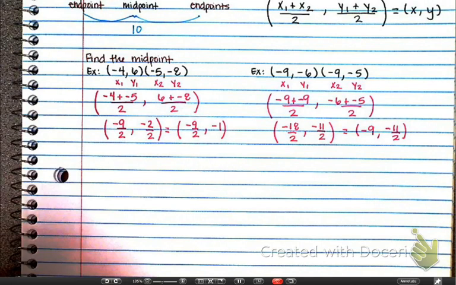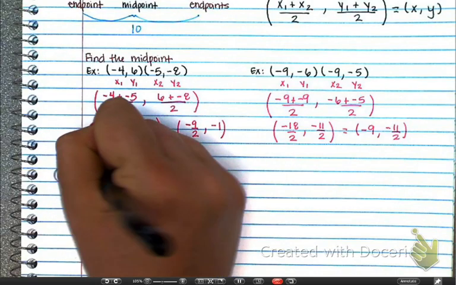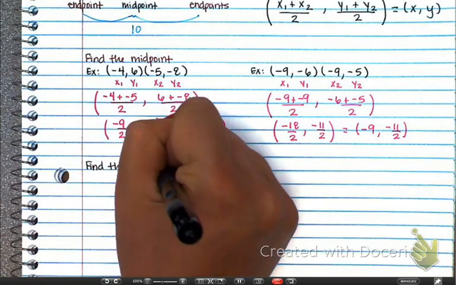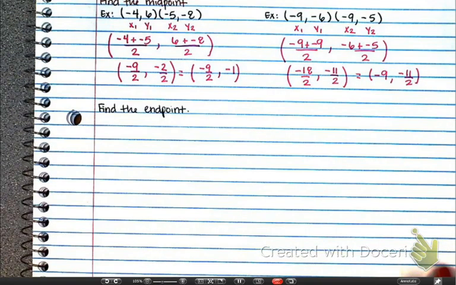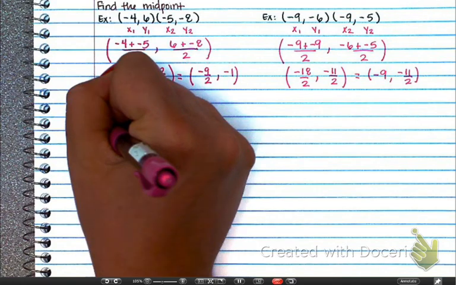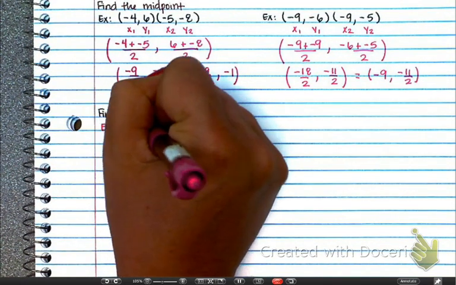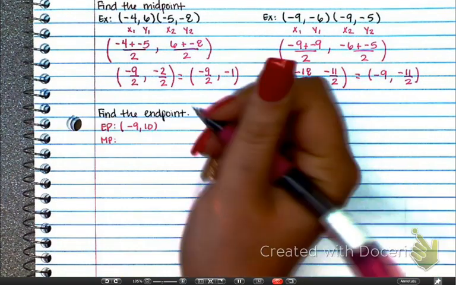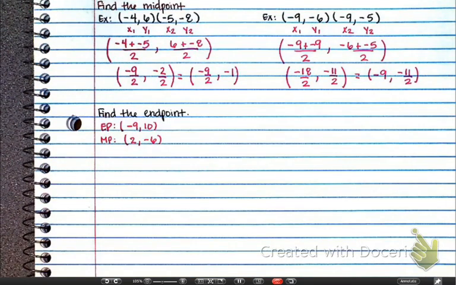So what if I ask you to find an endpoint? Okay, so here we're going to find the endpoint. Now I'm going to tell you one endpoint is negative 9, 10, and the midpoint is 2, negative 6.